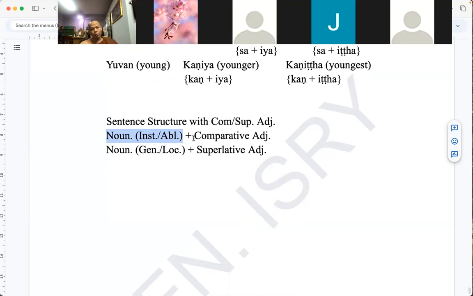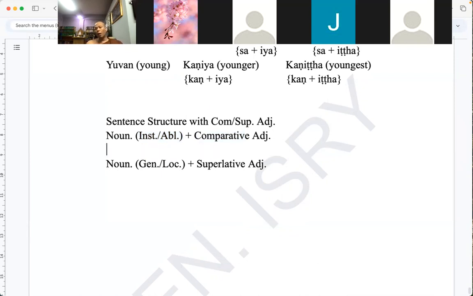So after that, the comparative adjective. So for example, that. So that means here, maybe him. Okay, he or so he. So its instrumental form is na, the ablative form is maybe sama, or sometimes the door.